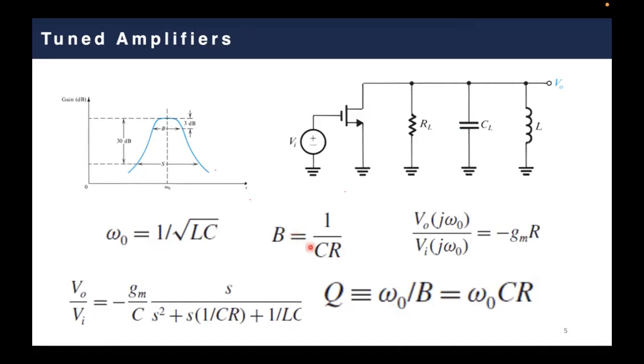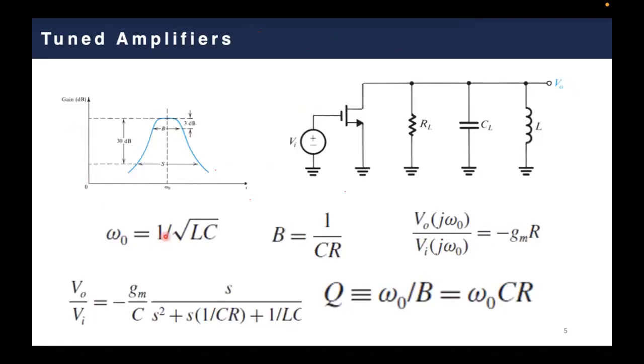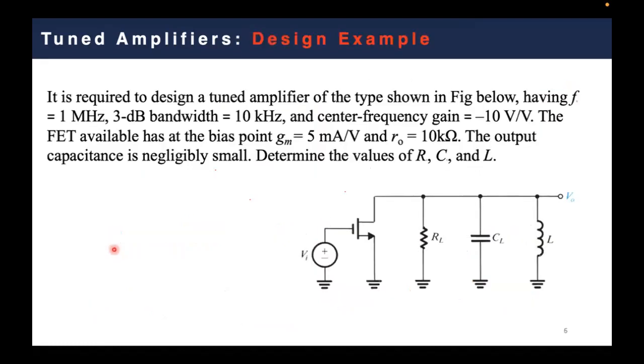This is the capacitance. And finally, we have the resonance frequency, which is 1 megahertz. You already calculated the C, the capacitance, so you can simply calculate the inductance value, knowing that the resonance frequency is 1 megahertz. So it's a very straightforward design problem for a tuned amplifier.